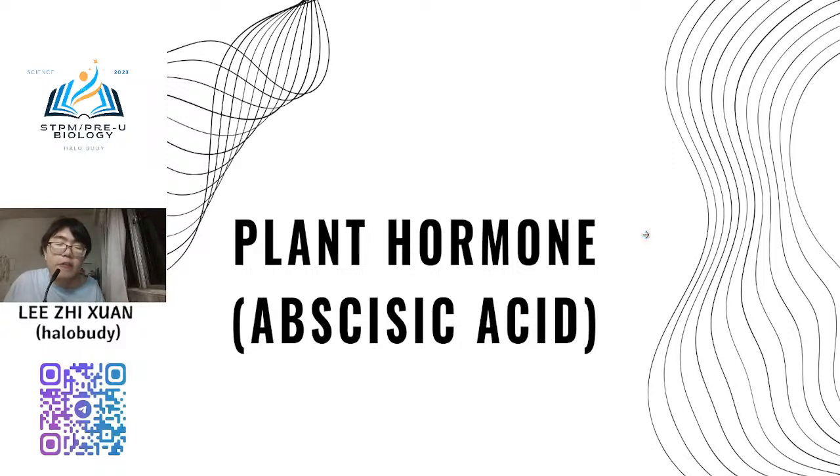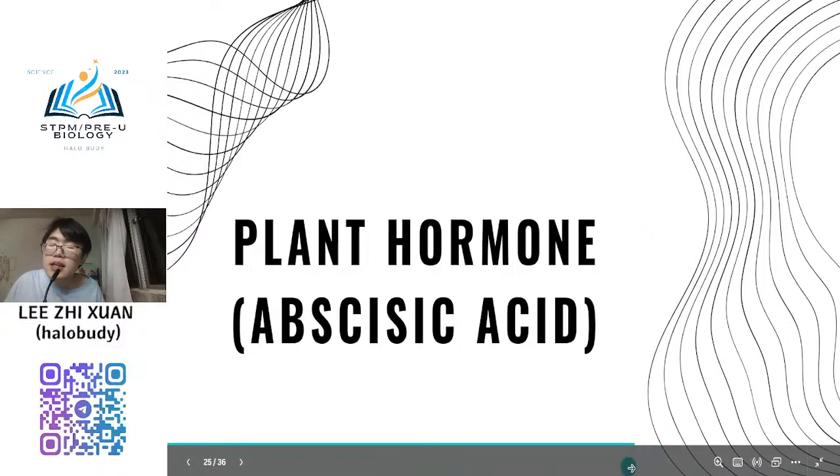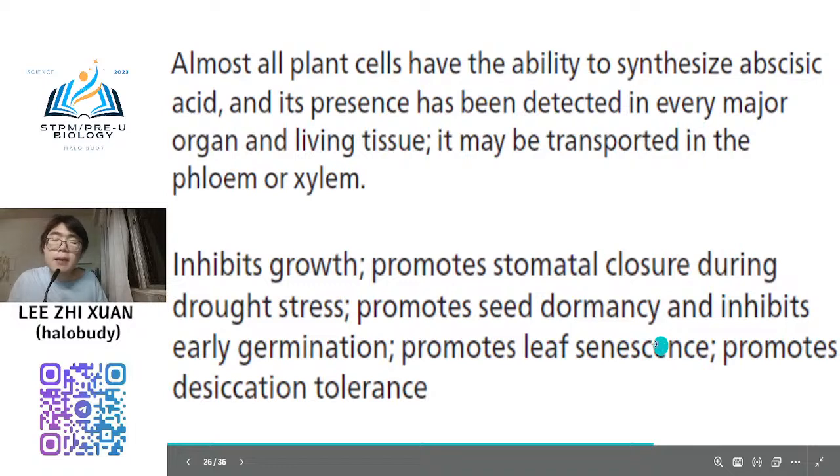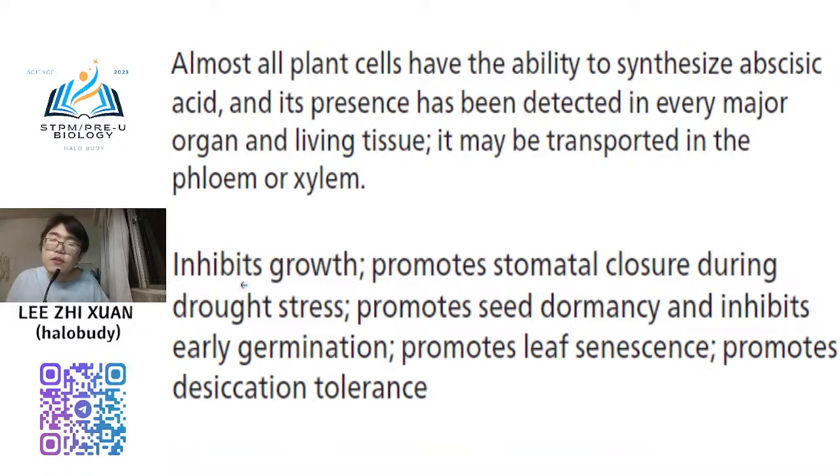Okay, the fourth hormone that you need to learn is abscisic acid. Abscisic acid has totally reversed functions compared to the first three hormones, auxin, gibberellin, and cytokinin, because abscisic acid plays the role of inhibiting growth. The first three are all promoting growth.